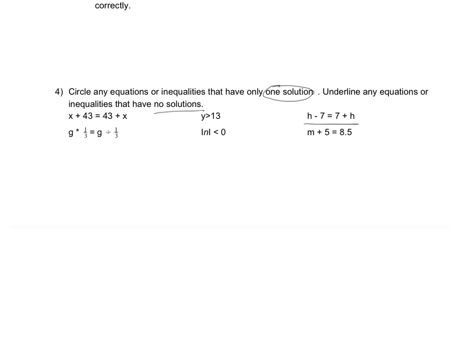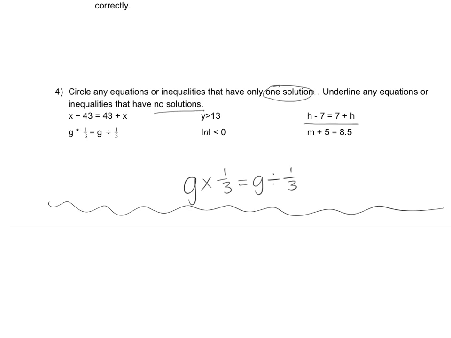Now on to the next one. G times 1/3 equals G divided by 1/3. Let's think about what this problem is telling us. It's telling me if I multiply, that's going to get me the same answer as if I divide. Let's take a second and look at another example if I were to use a similar pattern.